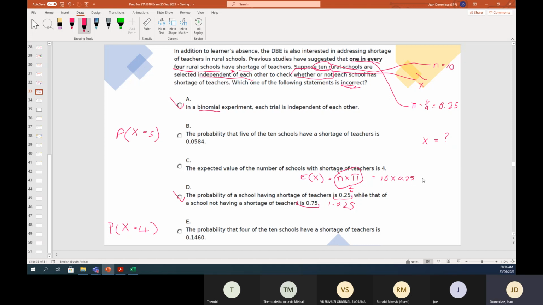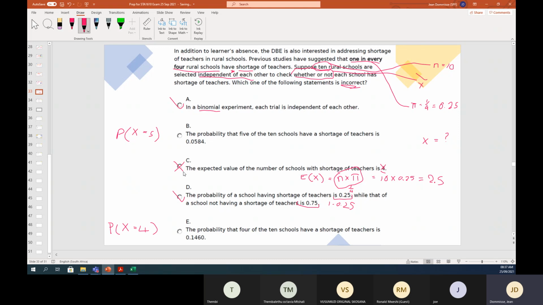So if we multiply that out, we get the expected value, which is 2.5 and not 4. So 2.5 is the expected value, not 4, so that is wrong. This would have been the incorrect one.